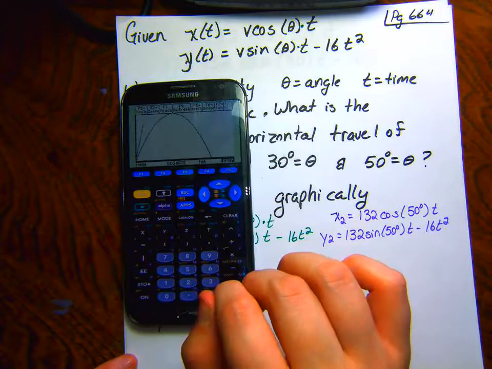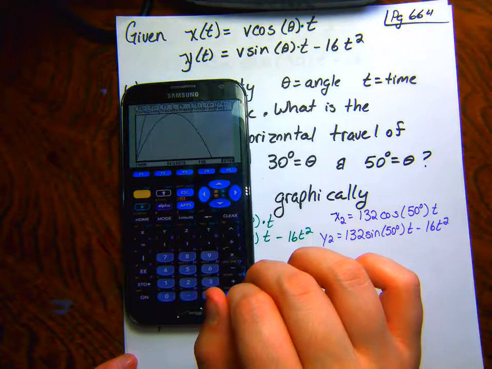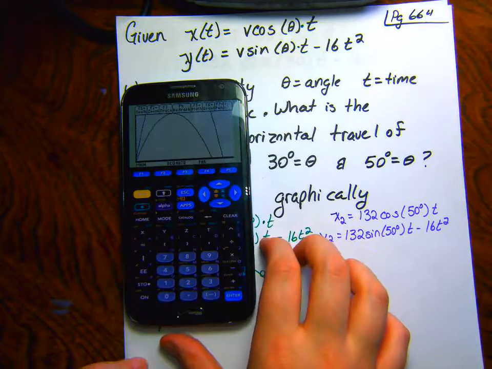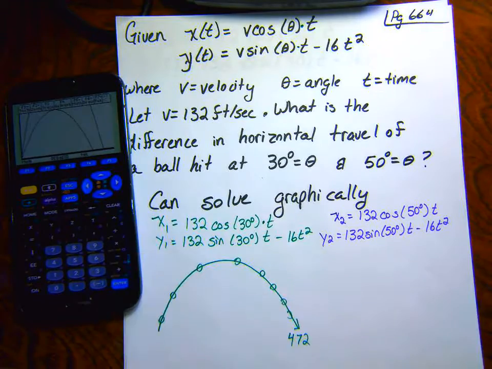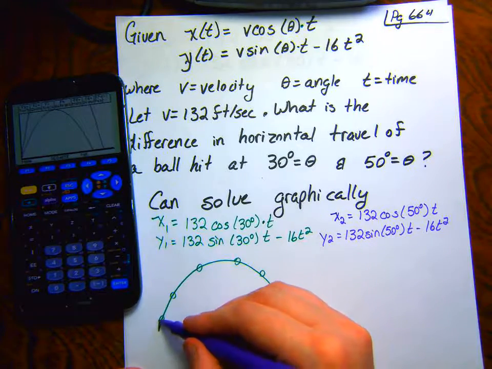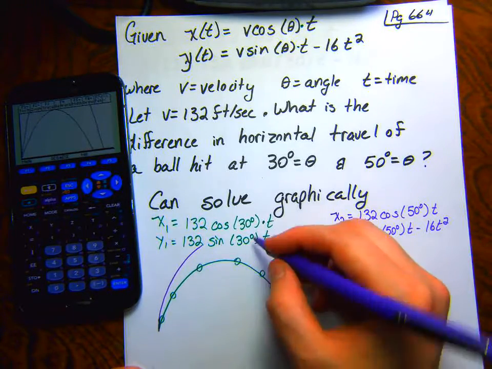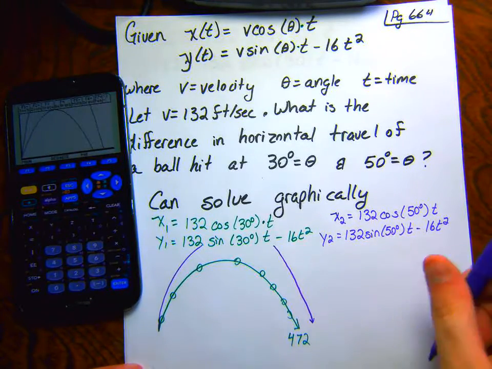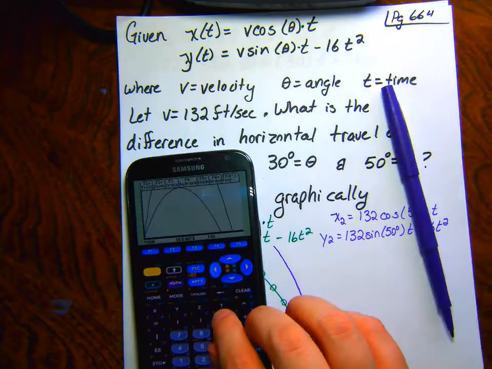And when I graph this one, it goes much higher. Okay, so this one looks like it's something like this. Looks like it's going way up higher, and it's coming down a little ahead of the other one. Not by much.